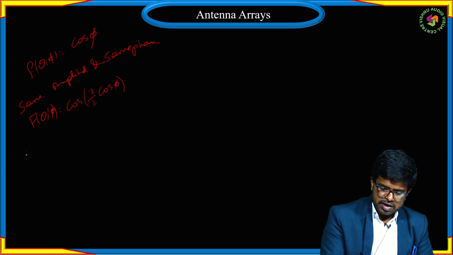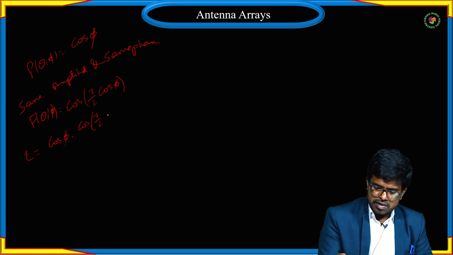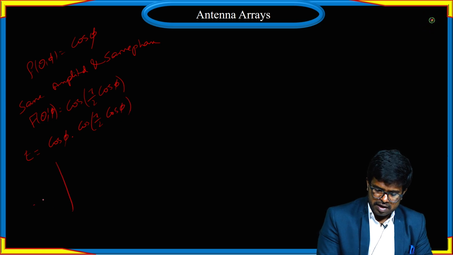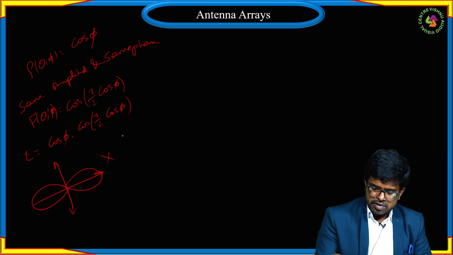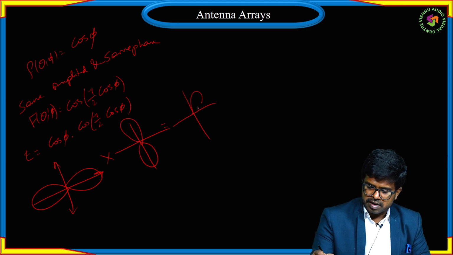Then your resultant field pattern will be cos pi into cos of psi by 2 cos pi. Cos pi is maximum at 0 and 180, into the first case pattern like this, so the resultant will be like this.